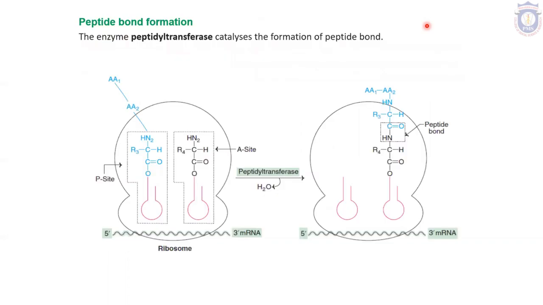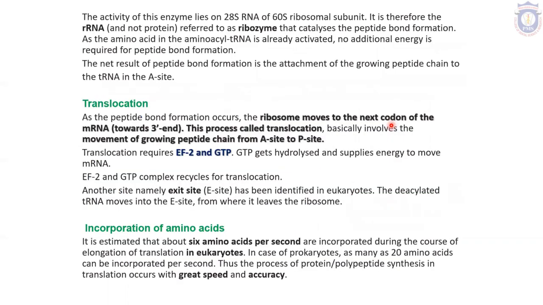Peptide bond formation. The enzyme peptidyl transferase catalyzes the formation of the peptide bond. Here, the peptide bond is formed between the amino acids. The activity of this enzyme lies on the 28S RNA of the 60S ribosomal subunit.